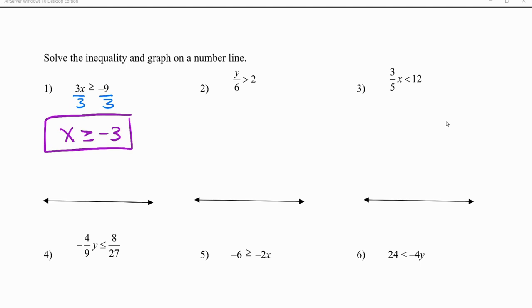We didn't multiply or divide by a negative, so we don't need to flip the inequality symbol. Fill out our number line. Negative 3 is included in the possible solution, so it's going to be a filled in circle. And it's greater than, so we're shading to the right.